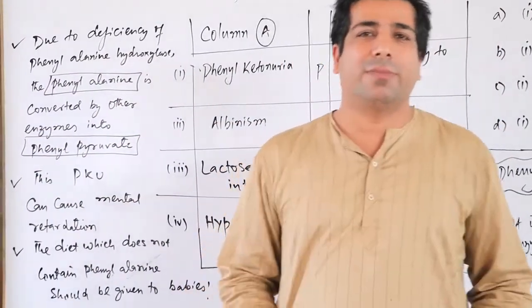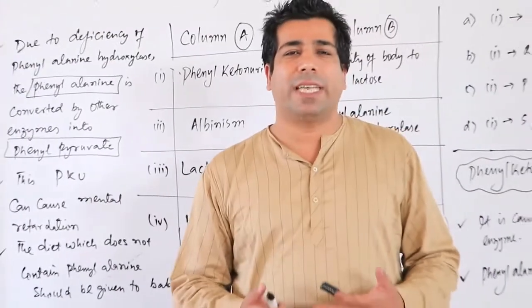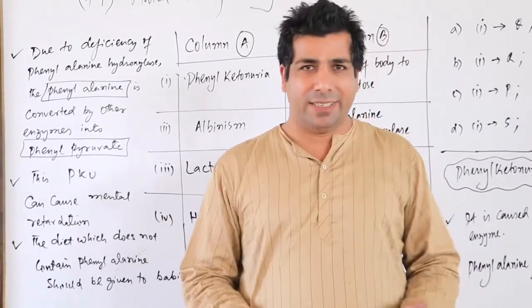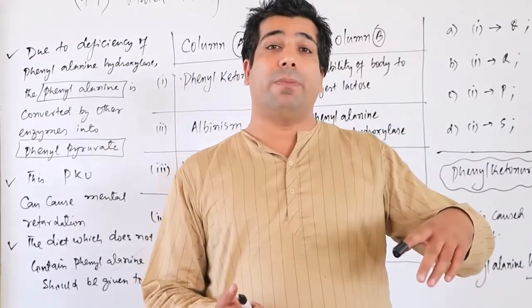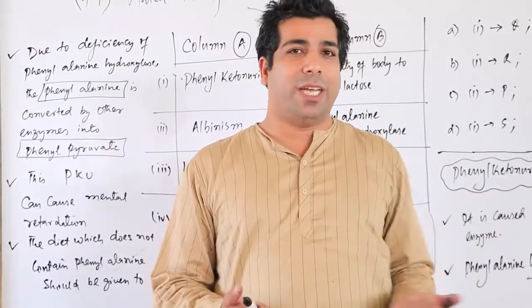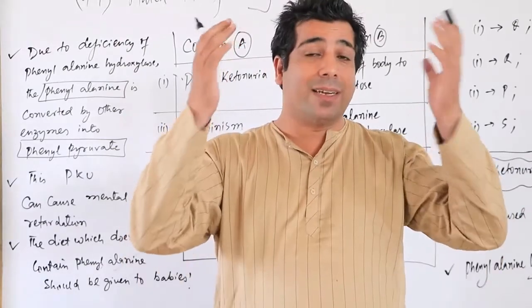Due to the absence of that, the newborn babies cannot digest phenylalanine, okay. So what will happen to phenylalanine then? It will be converted into phenylpyruvate by other enzymes, okay, and that will cause the mental retardation.